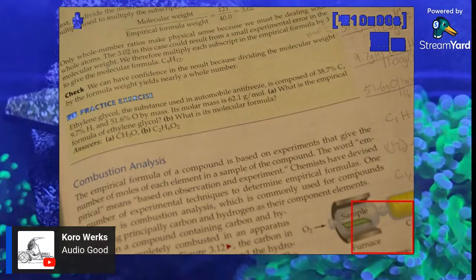All right, so first off, let's write down what we know. All right, so we know there's carbon, and we know there's hydrogen. And we know there's oxygen. Okay, because those are the three atoms they gave us, right? And that makes up antifreeze. And now, let's actually plug in the numbers.